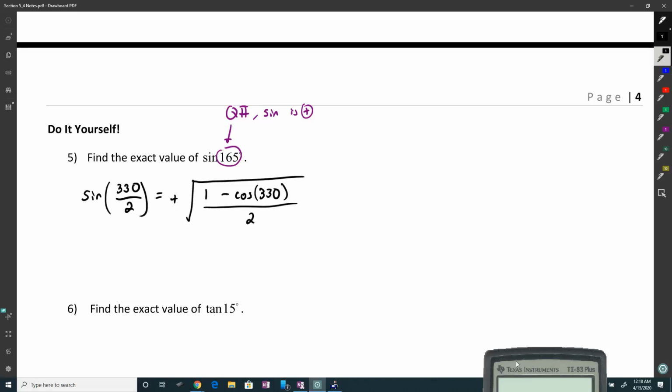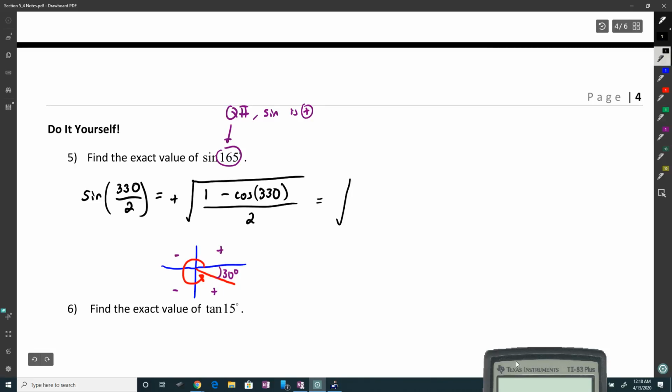Now we just got to solve it. 330 degrees leaves a gap of 30 degrees before you complete a full circle, so my reference angle is 30 degrees, and in that quadrant, cosine is positive.